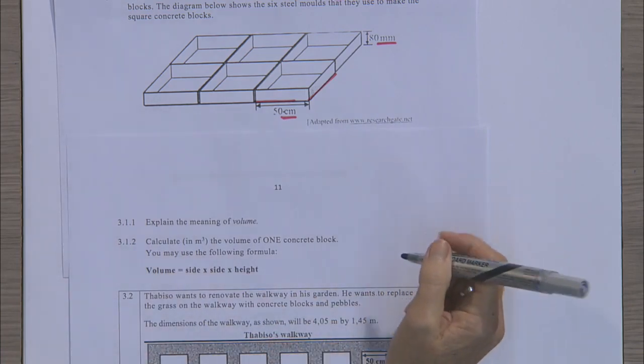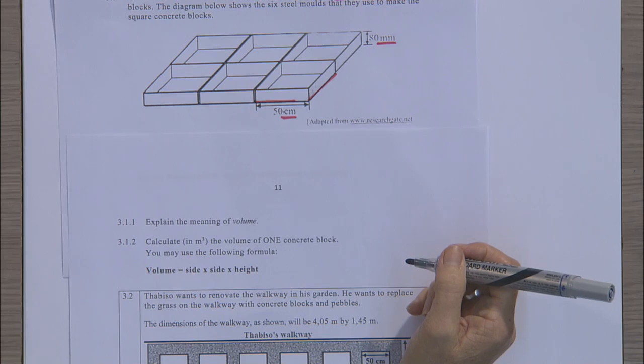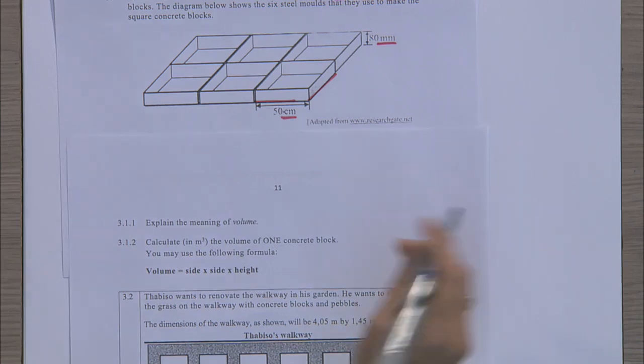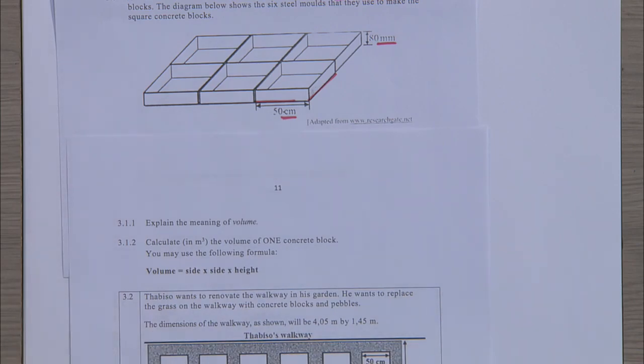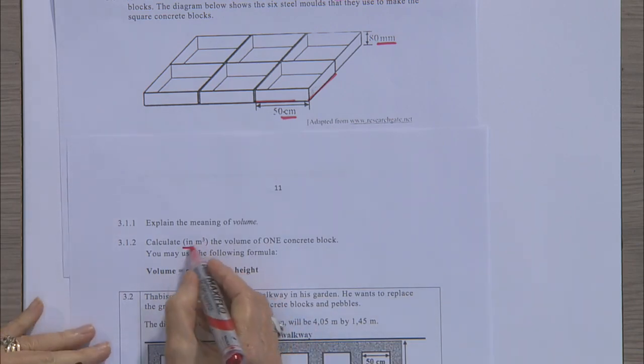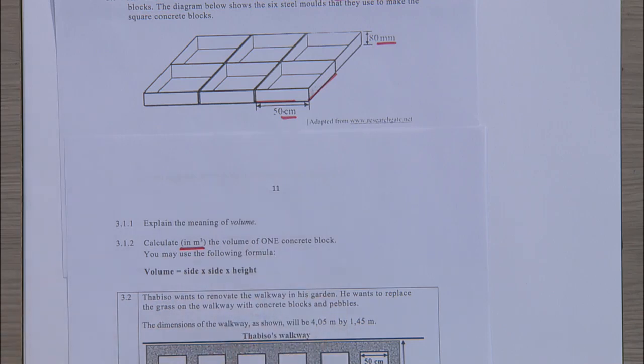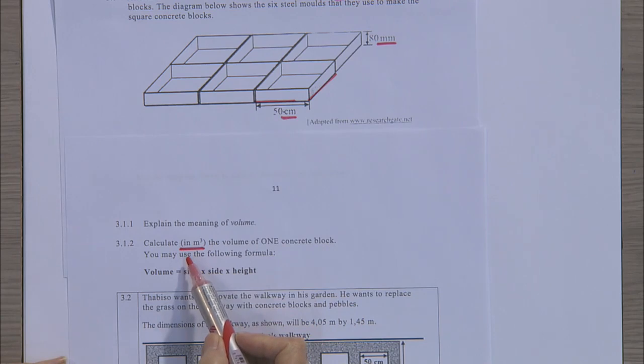All right, then the next question, 3.1.2, calculate in meters cubed. Now remember I said they must give us some other hint, and there it is. They gave you the hint. The hint is convert everything to meters.